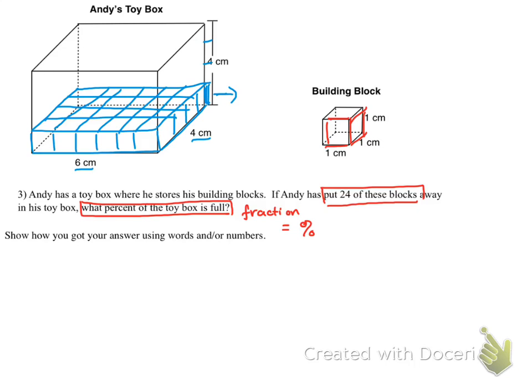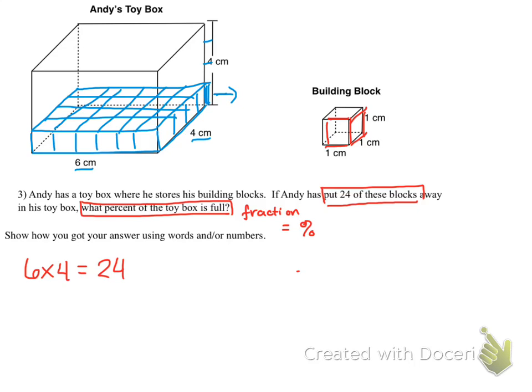Just to remind you, we find that by multiplying 6 times 4, and that makes 24. If I counted from my drawing, I would count 24. Your drawing might not be that neat, and sometimes it's hard to count, so use the math. All right, so he fits 24 blocks in one layer.